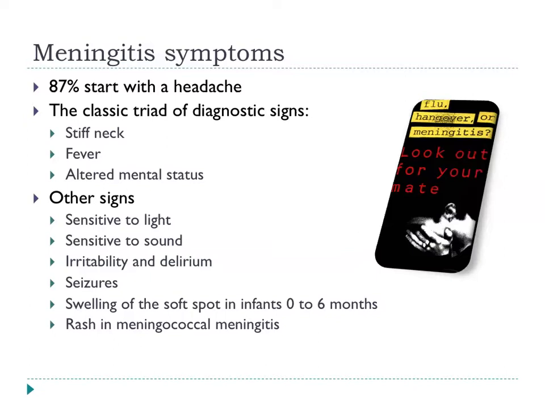And you can actually see swelling. When the fontanelle is not closed, you can see this bulge appearing in infants from 0 to 6 months. And one of the most important hallmarks of the most serious form of meningitis is that you get a rash as well. And we'll say more about that in a moment.